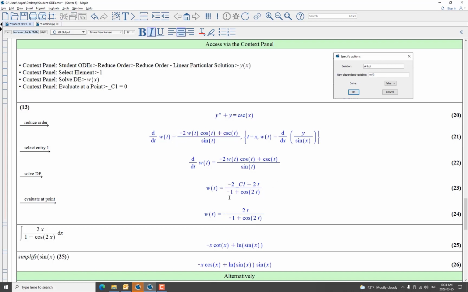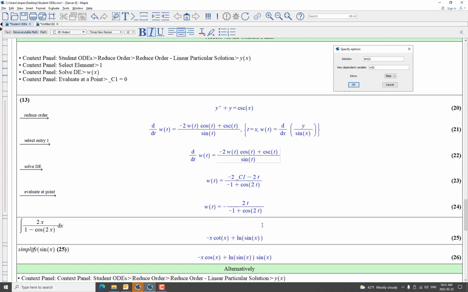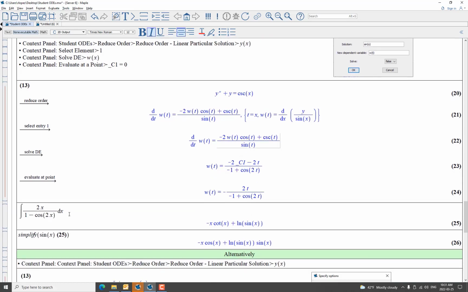Okay, here is W. You want to set this constant equal to 0, so you can use evaluate at a point. W. That's really V prime. So you do the integral, that's V. So sine times V is the particular solution.